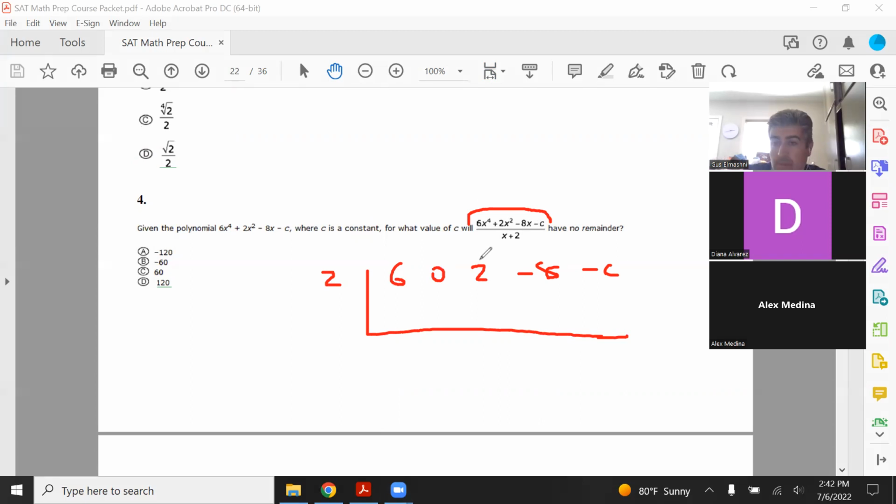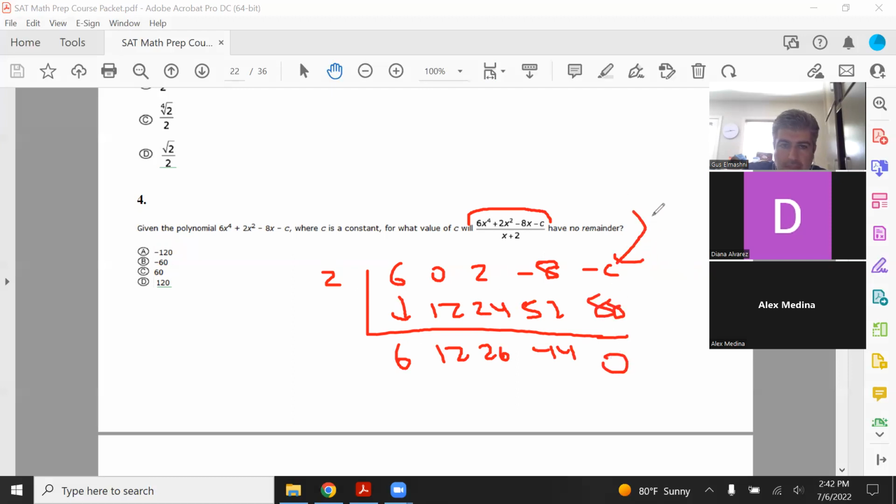If there's any term that's skipped over, like there's no x cubed term, you have to put 0 in place of it. So you bring the 6 down. You multiply 2 and 6, you get 12. Then you add 0 plus 12, that's 12. 2 times 12 is 24. 2 plus 24 is 26. 2 times 26 is 52. Negative 8 plus 52 is 44. 2 times 44 is 88. You need a 0 there.